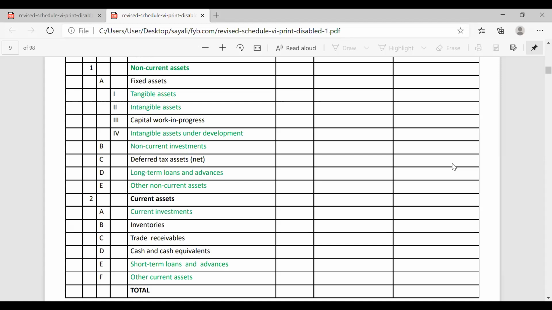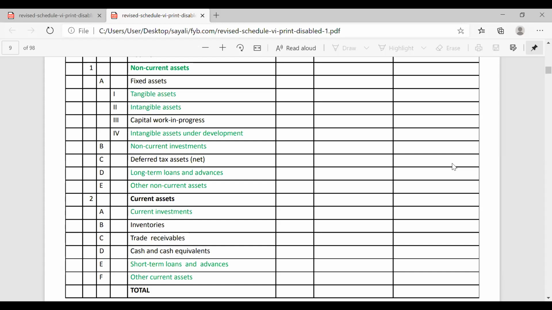Inventory means stock. Trade receivables are your bills receivable. Cash and cash equivalents include all cash and bank balances under this heading or within the notes. Short-term loans and advances, if any, and other current assets. This is the format.